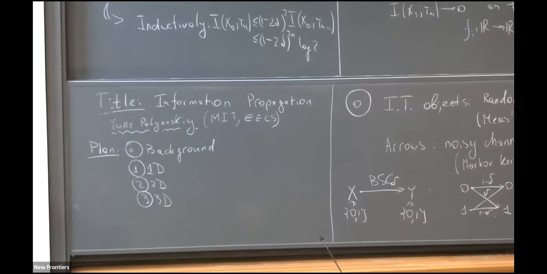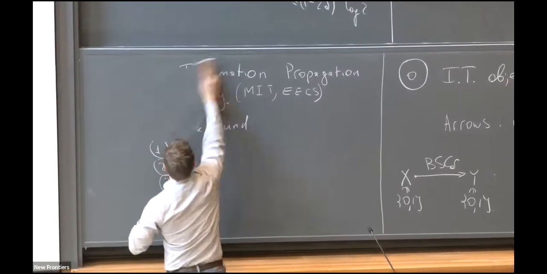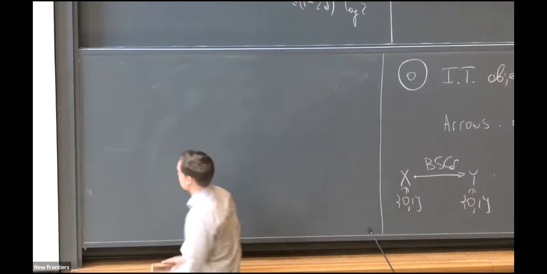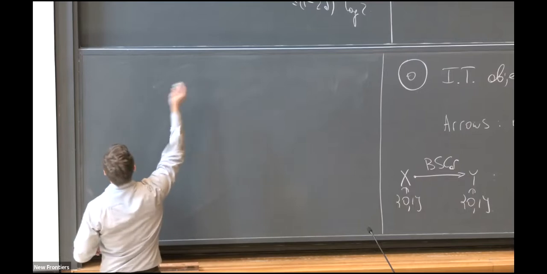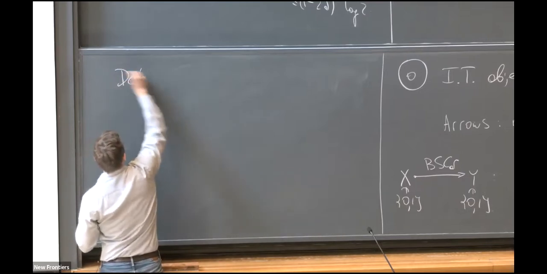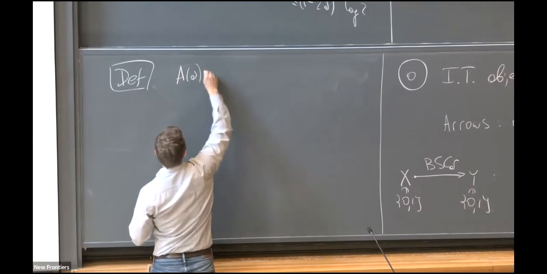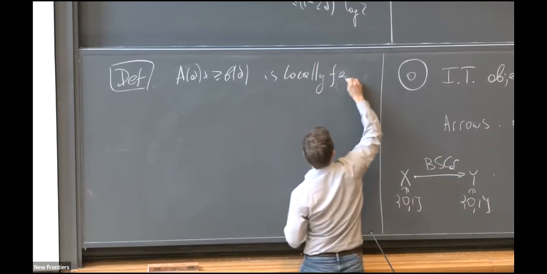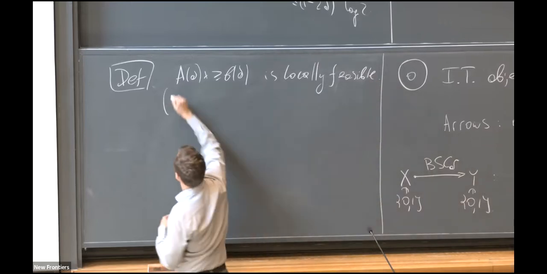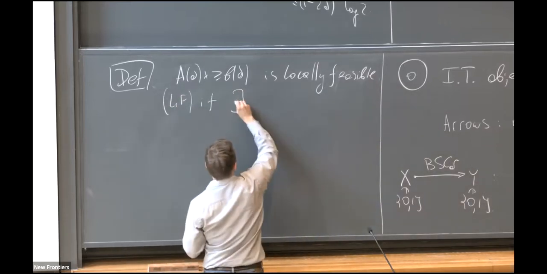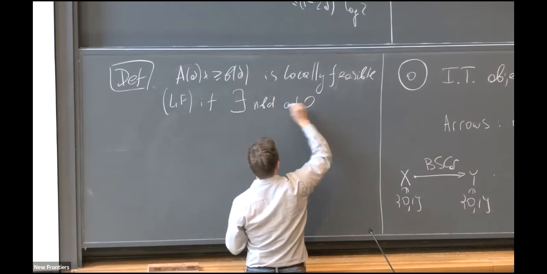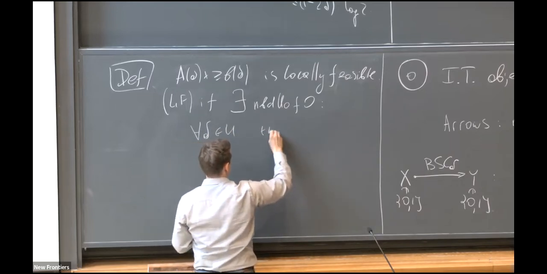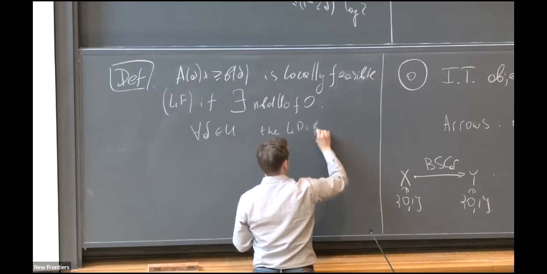So we made this definition that the linear program A(delta)x is locally feasible, which we call LF, if there exists a neighborhood U of zero such that for all delta in the neighborhood, the LP is feasible, meaning there exists a solution.